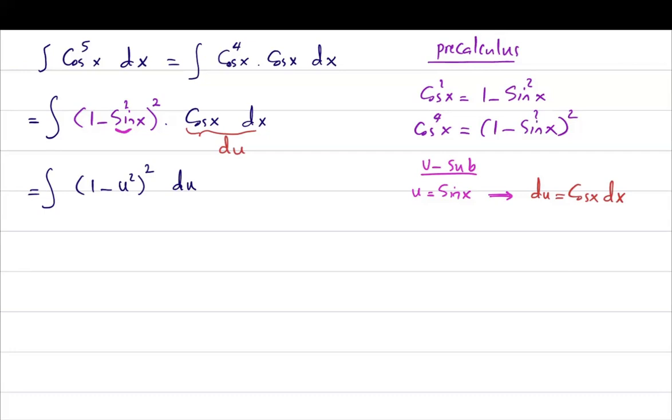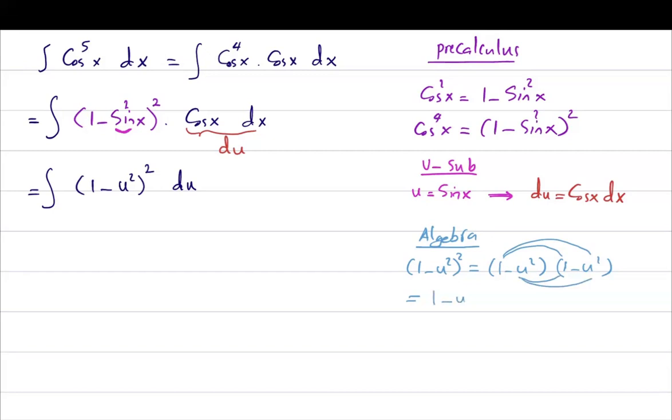which we already know how to deal with, right? From algebra, remember that if you have 1 minus u squared to the 2nd power, you can write it as 1 minus u squared times 1 minus u squared, or it's just the multiplication of binomials. 1 times 1, and then 1 times negative u squared, do the same thing for negative u squared as well.